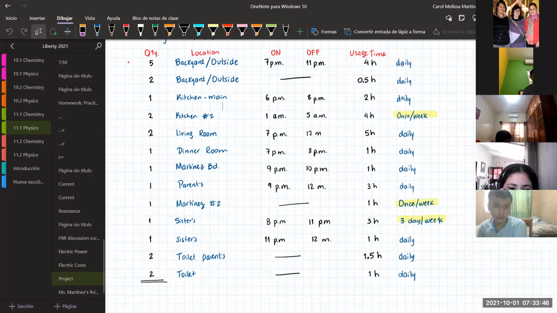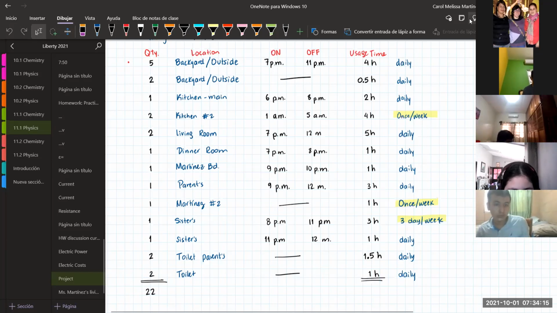Okay, 5, 6, 7, 8, 9, 10. Okay. 14, 15, 20, 22. Sí, no me comí ninguna. 22 light bulbs in total. Okay. Y la energía. I mean the time of use.